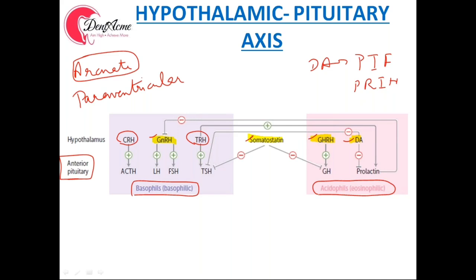So let's just try and remember two hormones, the growth hormone and prolactin. Growth hormone and prolactin are secreted by the acidophilic cells, and the rest are secreted by the basophils. Remembering two is easier, and the rest four are secreted by the basophils.